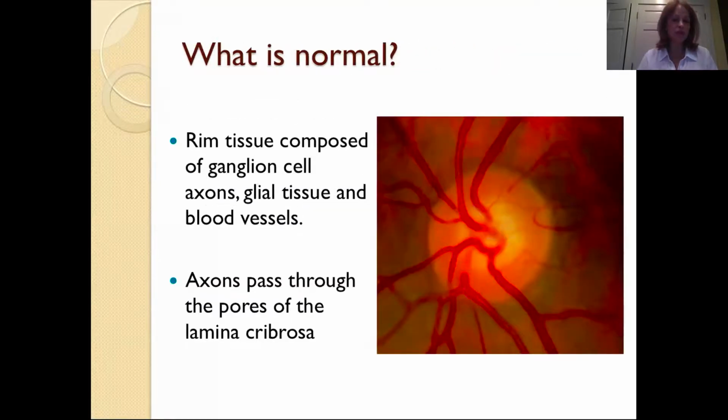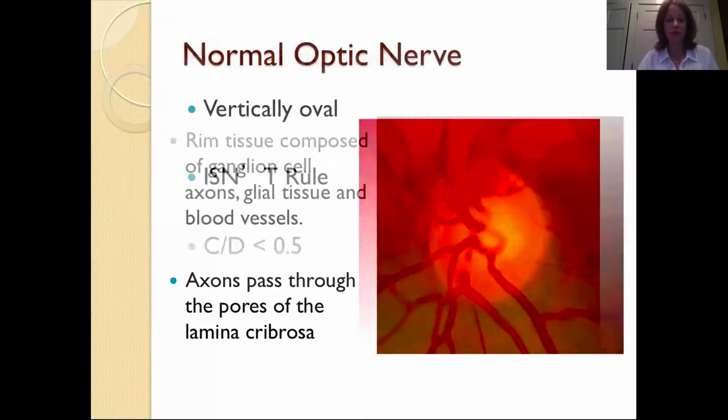Most optic nerves are vertically oval, and they have rim tissue composed of ganglion cell axons, glial tissue, and blood vessels. Axons of the optic disc pass through the pores of the lamina cribrosa as they exit the eye towards the brain.